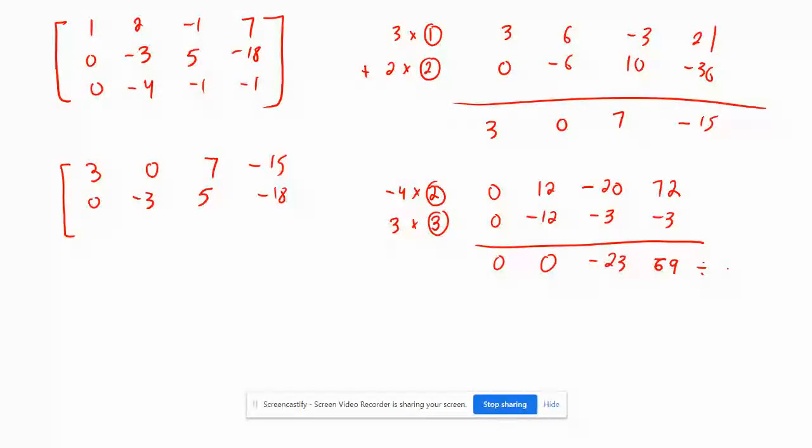And if we divide by negative 23, we get 0, 0, 1, negative 3. Okay, I'm just going to go to the next slide in a second here.